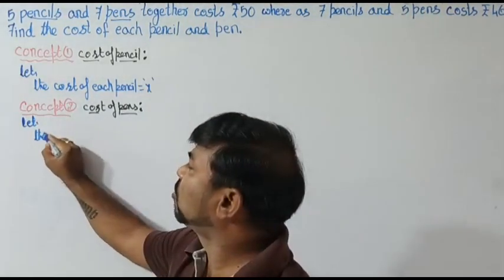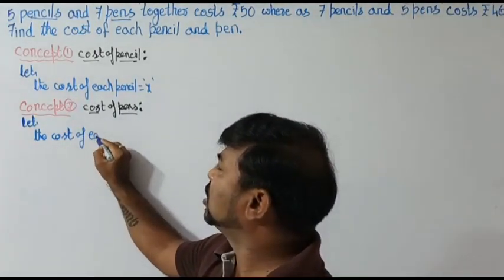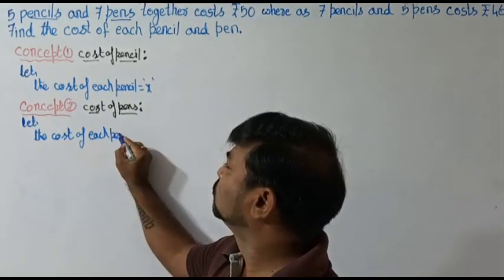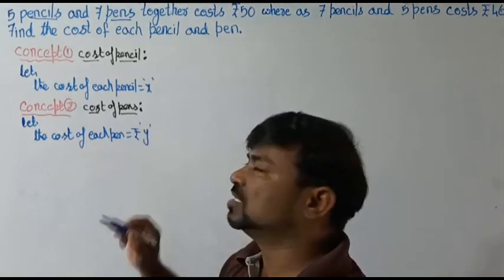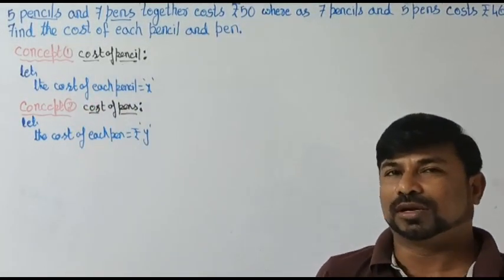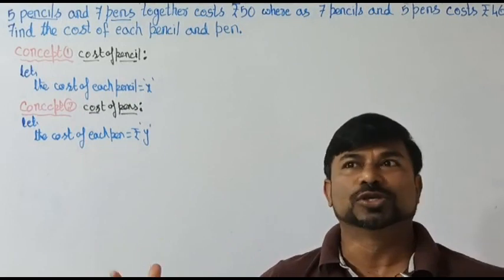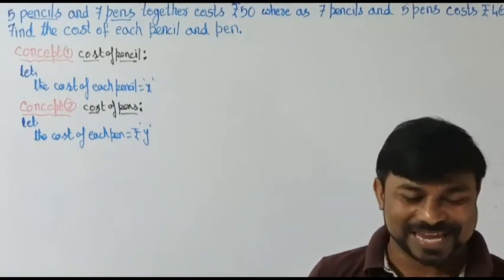Let the cost of each pen equal y rupees. So these are the two concepts we are dealing with. Why? Because I told you: two unknowns, two variables, two equations. So we are dealing with two concepts here.